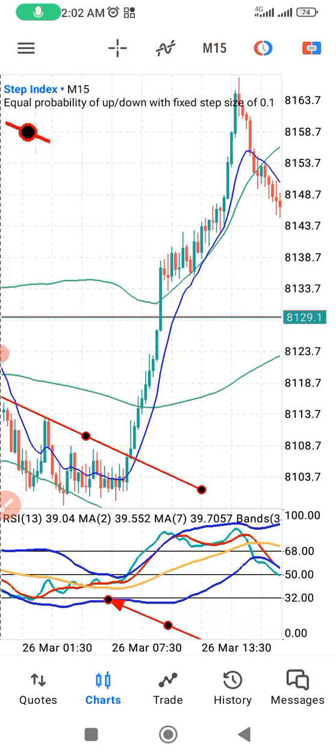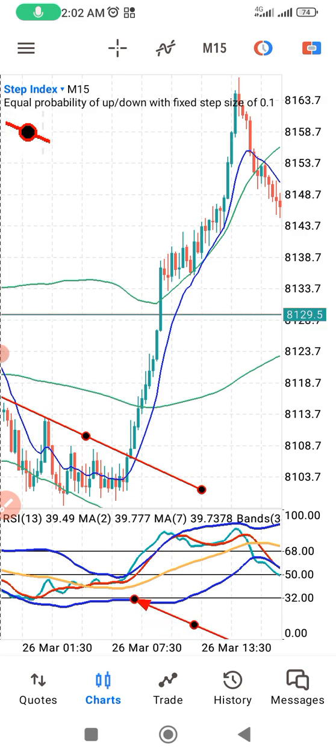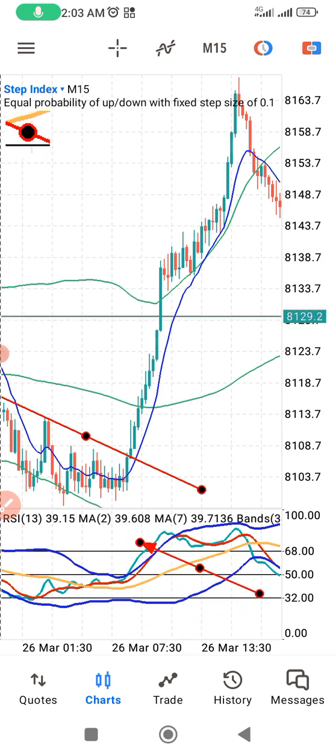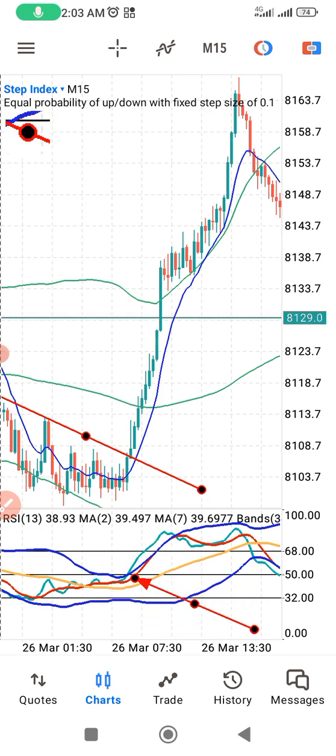And then here we also have the lower Bollinger Band. Another thing to pay attention to is when you see that the upper band is below the 50, or the lower band is above the 50, it also shows that we are in an uptrend and also experiencing an exhaustion point, and that reversal is imminent.